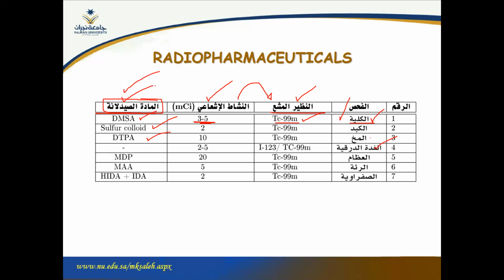This is an open question for all of you. Why do we need a radiopharmaceutical? We inject the patient with isotopes, and the blood circulation distributes the activity in the whole body of the patient. But why do we need a radiopharmaceutical? Can anyone answer this question?